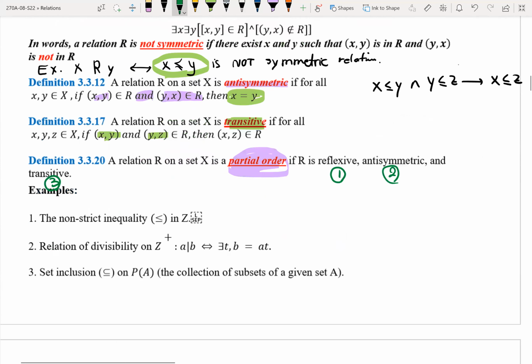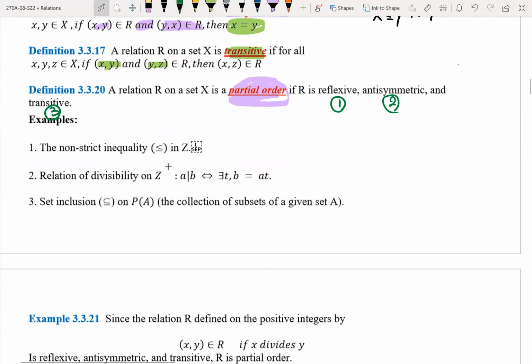So we are looking for some examples of what we call partial order relations. That means I have to prove it's reflexive, anti-symmetric, and transitive. So it is a partial order. When you have the same relation that we started the example with, less than or equal to, is it reflexive? Less than or equal to is reflexive. That's for integers, but it's okay for real numbers too, right?